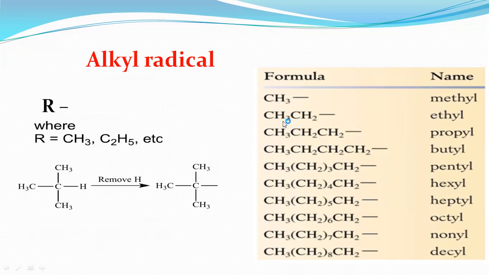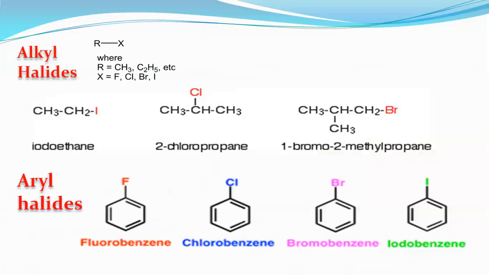From CH3CH2, replacement of one H forms the ethyl radical. By the removal of hydrogen, the structure we get is called the alkyl radical.